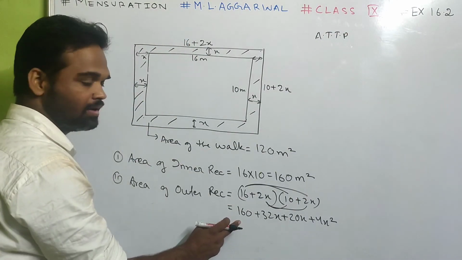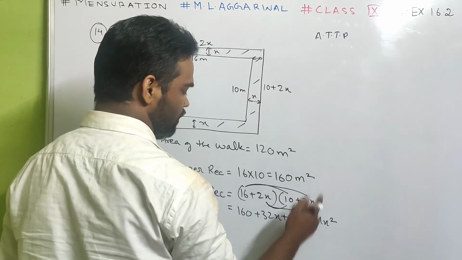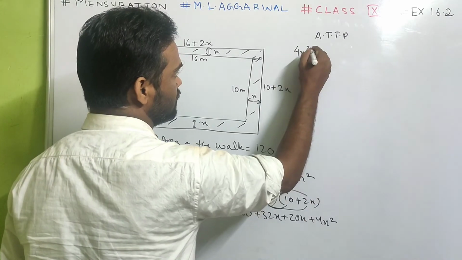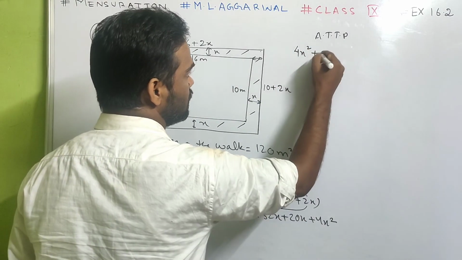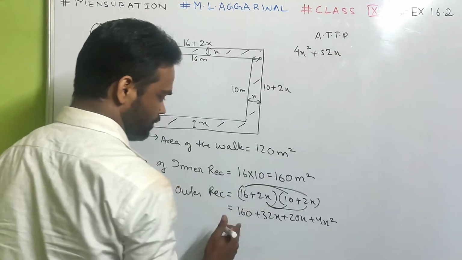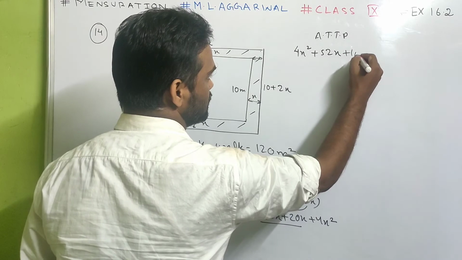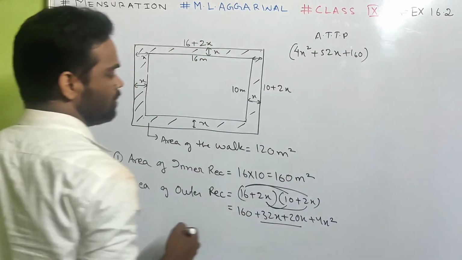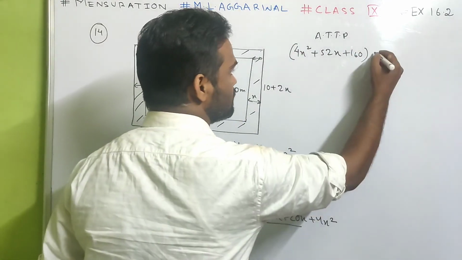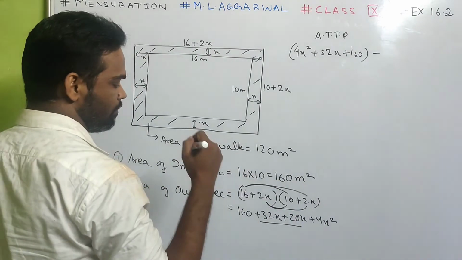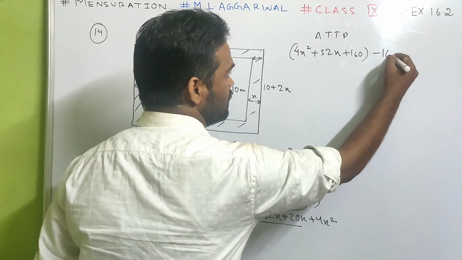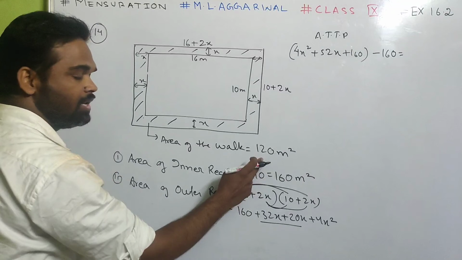Outer rectangle area, which is 4x square, I am arranging and writing, plus 52x, because this had to give 52, plus 160. This is the area of the outer rectangle, minus area of inner rectangle gives you the area of the walk.